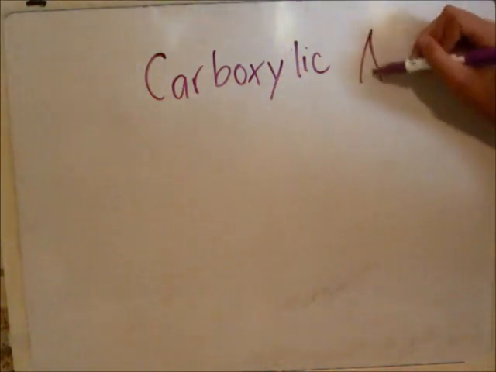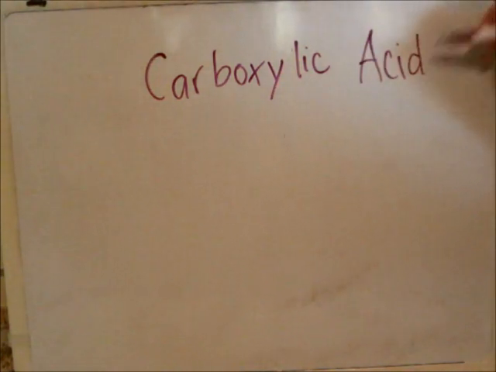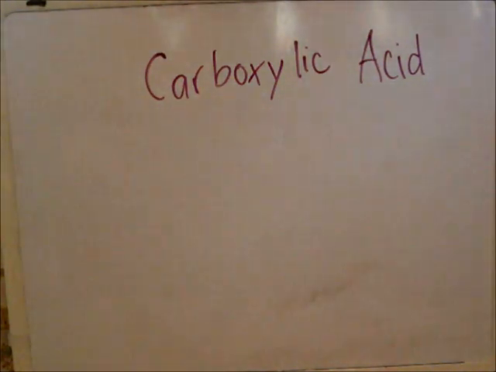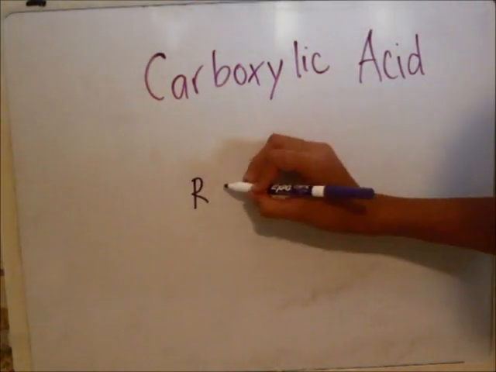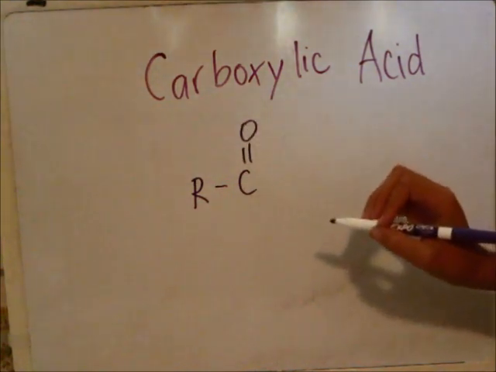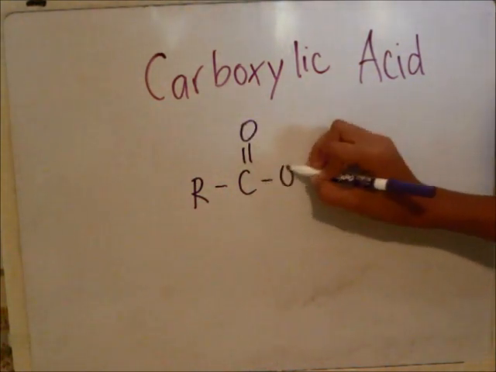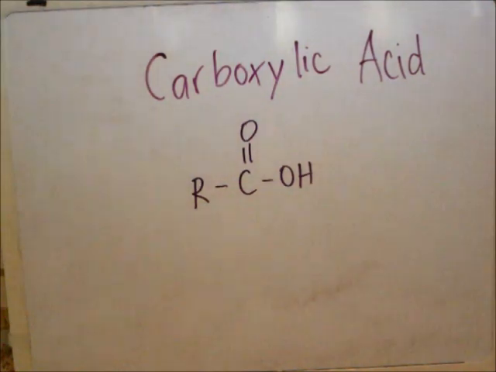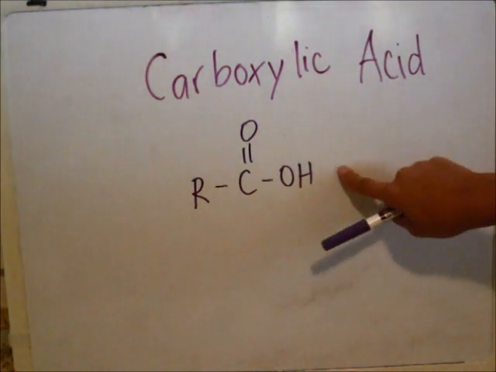Carboxylic acid. And the formula for that is we've got our carbon chain, and then it's our C double bonded to an O, and then it's bonded to an OH. And this also has to be at the end. Okay?